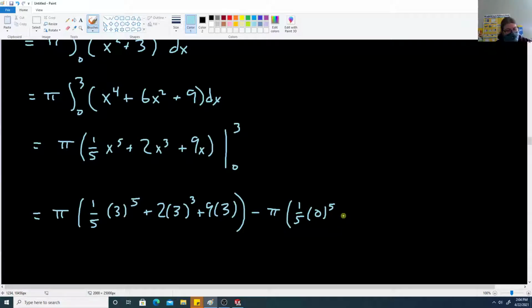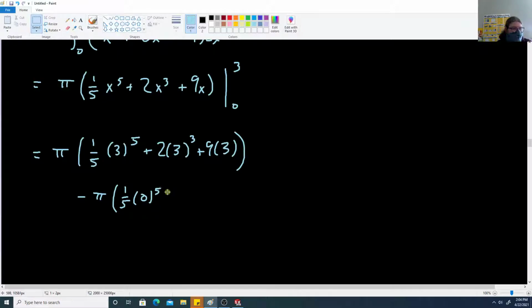Let me say it this way. I'm just going to write this vertically because we have part B, and I wanted to leave some room to do part B over there. So we have that plus 2 times 0 cubed plus 9 times 0. This whole term goes to 0 because all of these have at least one 0 multiplied in them.